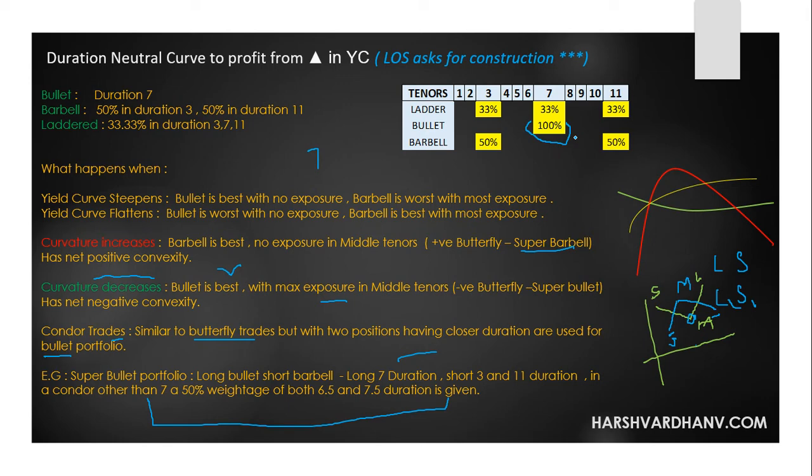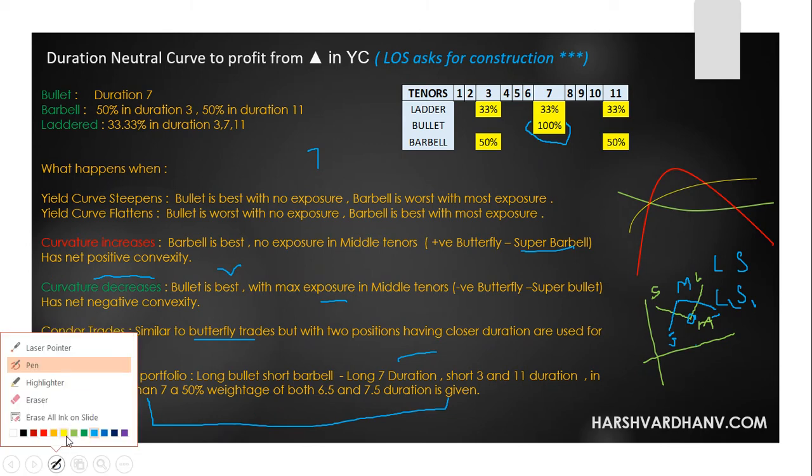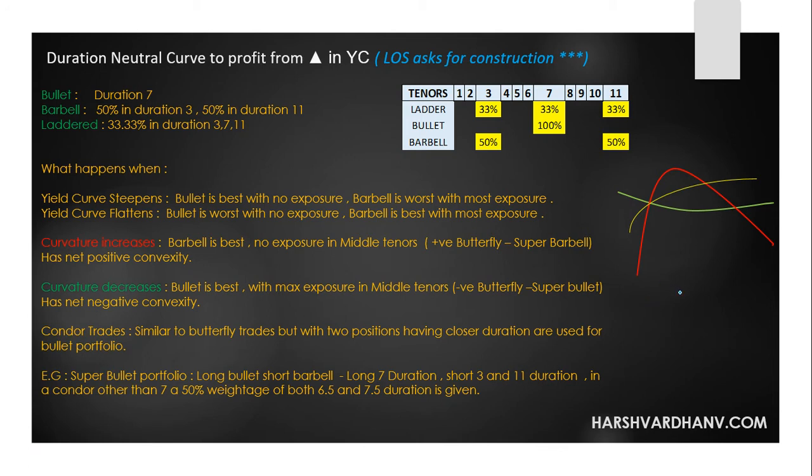So that brings around 7.5 on average. Or 6.5 and 7.5, and that might bring 7 as an average. It's basically using two different tenors rather than a single tenor for the bullet portfolio. Nothing different. So the condor name is kept on the bird, the condor bird, which takes a similar shape like a butterfly, but the wings are very wide. The condor wings are very wide.